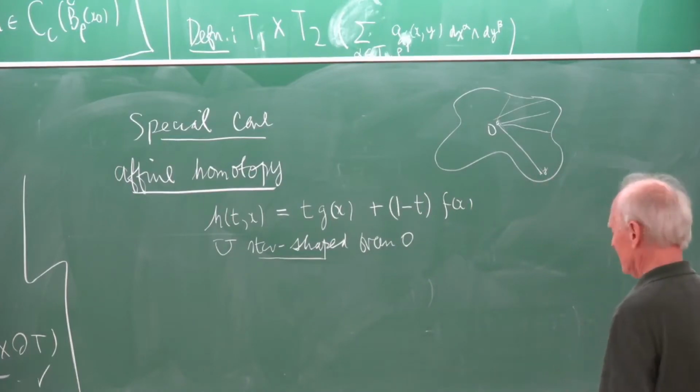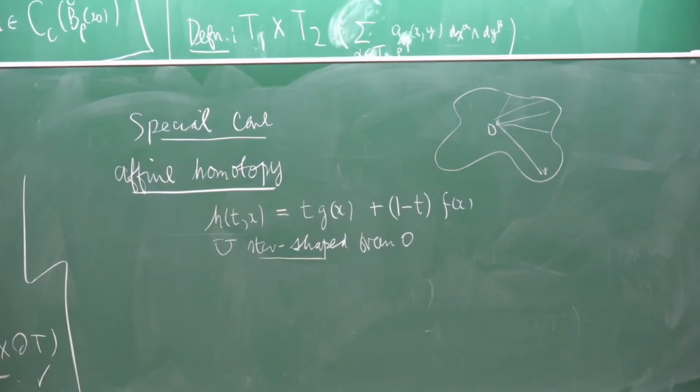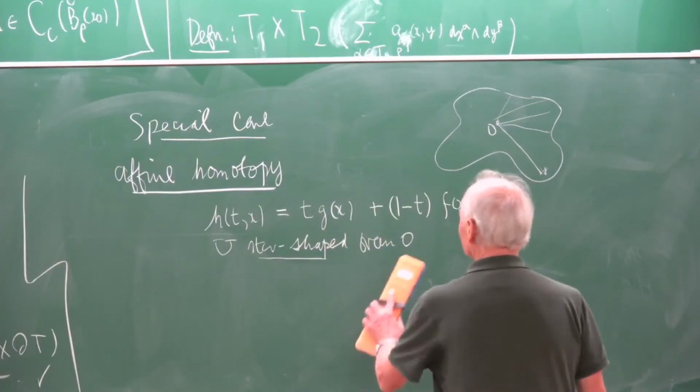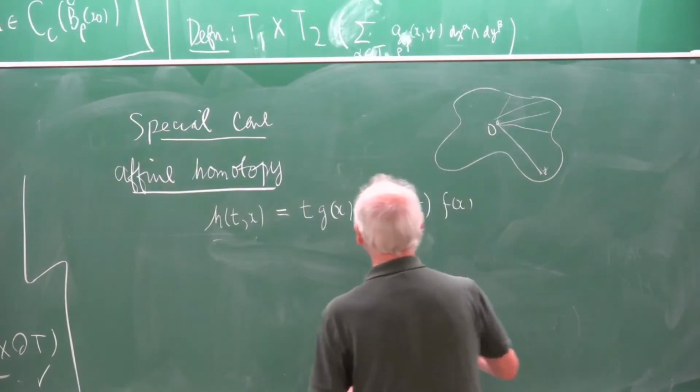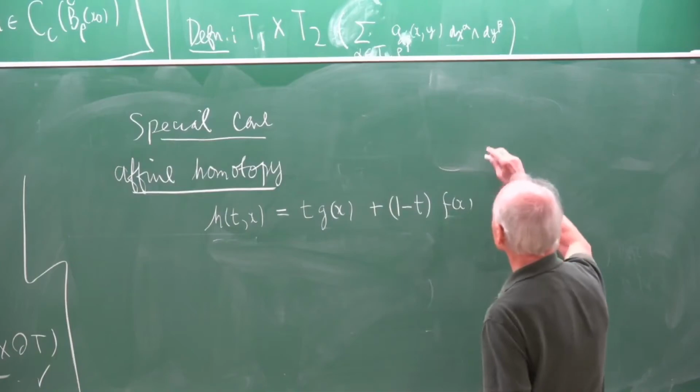Oh, sorry, right, I'm getting confused. We need a star shape for something. Oh yes, that's when we talk about a cone. So this is convex, U convex, because we do want to take the convex combination.